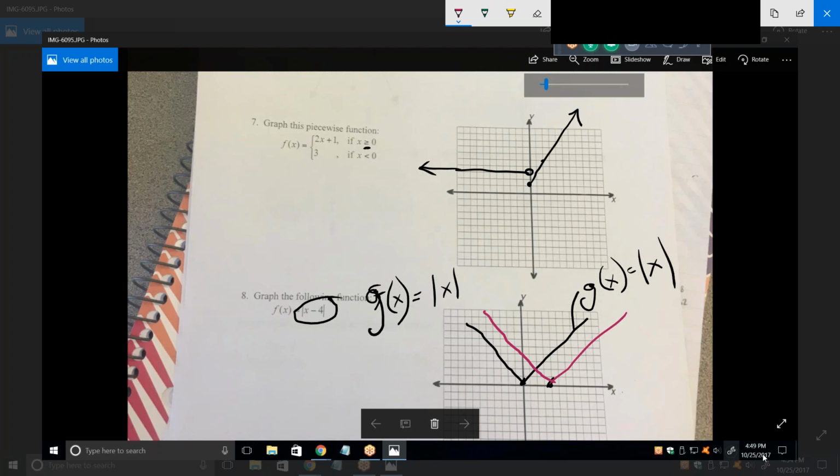Now, people get confused as to which way to go, right or left. How can we tell whether we've done it correctly? What number would you put in for x to check? I don't know. When x is 4, what is f of x? Remember, f of x is the same as y.